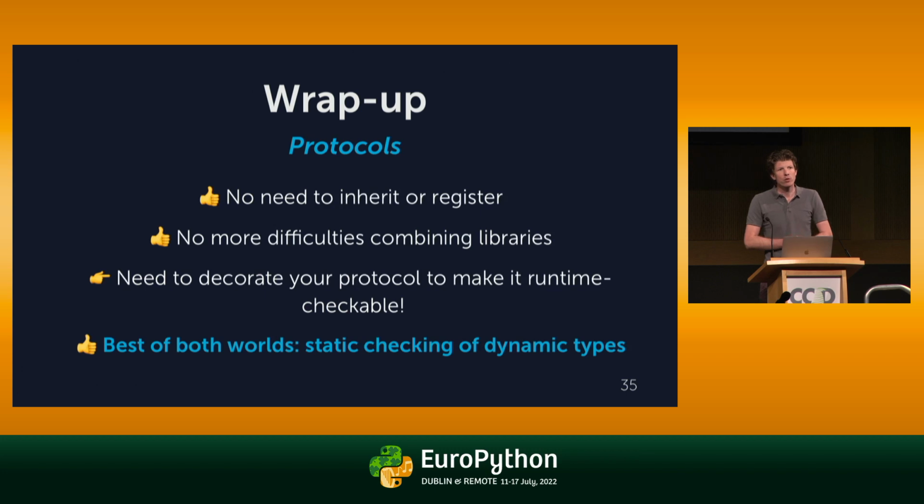If you want to use this at runtime, make sure to decorate your protocol with the runtime_checkable decorator, and beware that it's not completely safe, although in practice you'll probably be fine. And so protocols give us the best of both worlds: static type checking whenever you want it, in a dynamically typed language like Python, but also static checking of dynamic types with protocols.